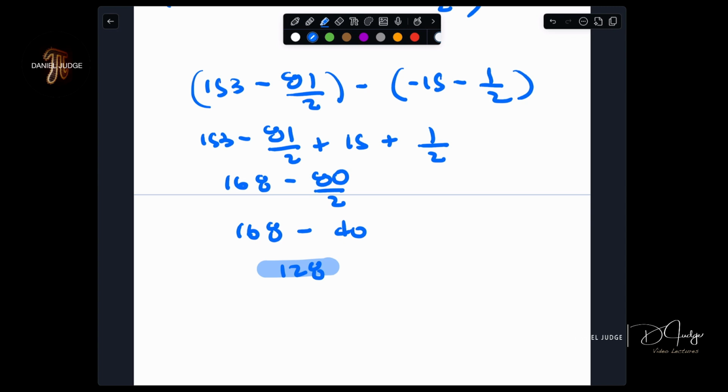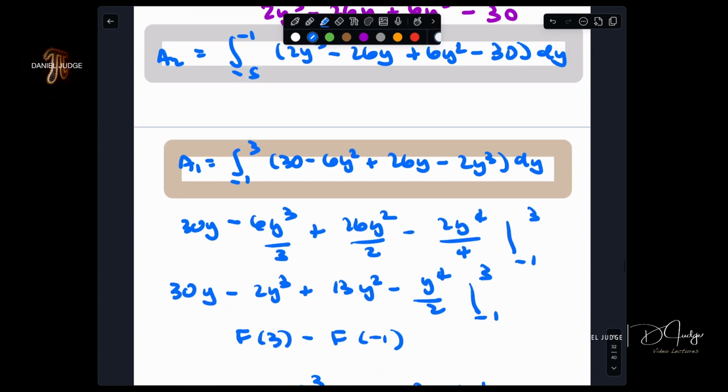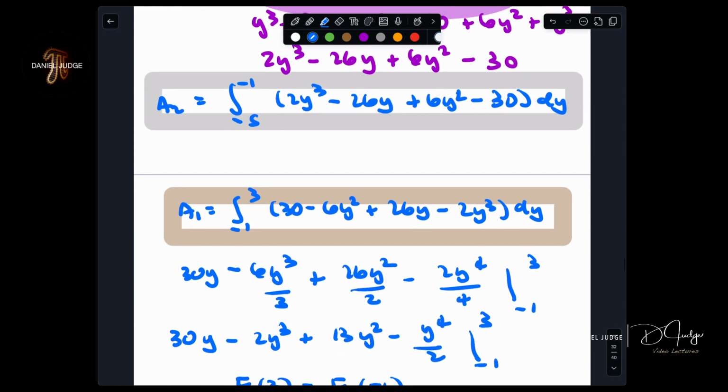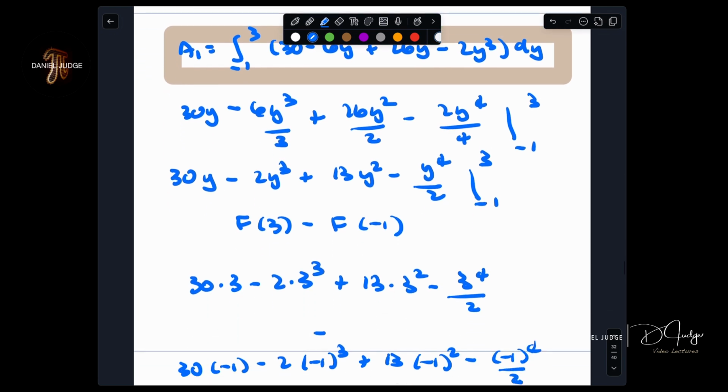So that first integral, A1, and I guess it's gray. Now let's double check the color. 128. Let's write it down. Yeah, it was A1, 128.